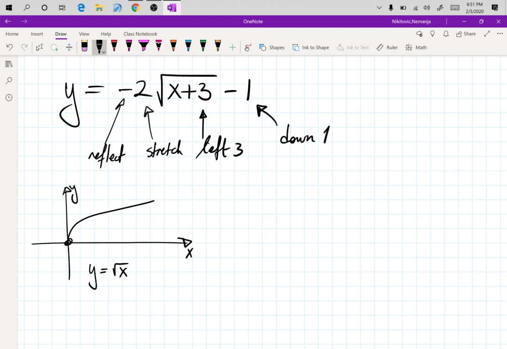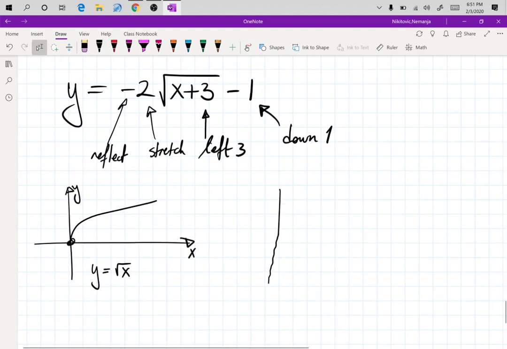Now, I did ask you to do reflection first, so you don't have to worry about reflections. Now, this is minus applied to the whole function, which means is it x or y reflection? X. Very good. Which means the graph is going to dip below the x-axis.